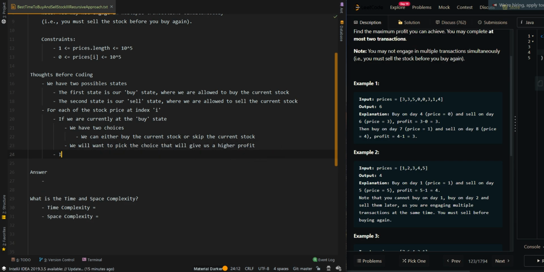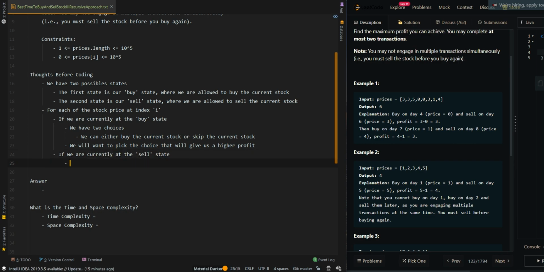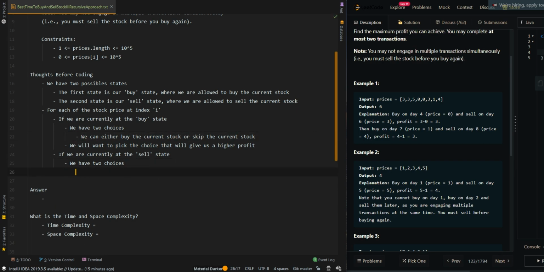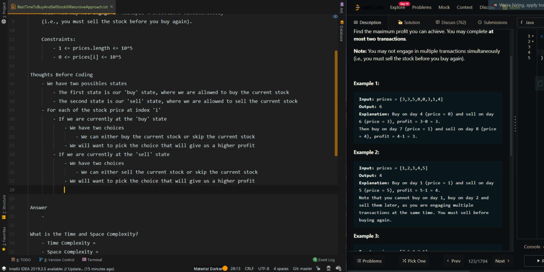Now, if we are currently in the sell state, we also have 2 choices. We can either sell the current stock or skip the current stock. And we'll also pick the choice that will give us a higher profit.